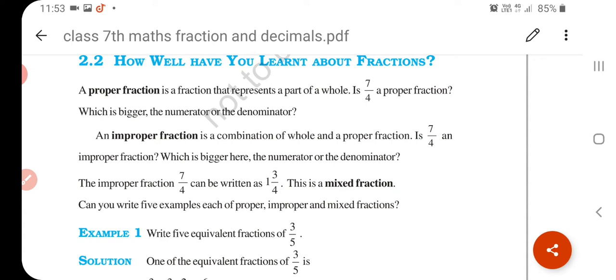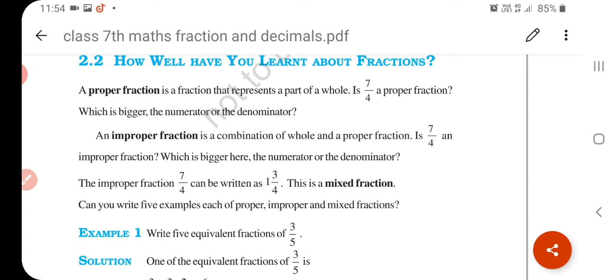Okay, and yesterday we have also learned about unit fraction. What do you mean by unit fraction? If the numerator is 1, then we say that it's a unit fraction. Okay, understand. And if the denominator is the same, then we say that it's a like fraction.